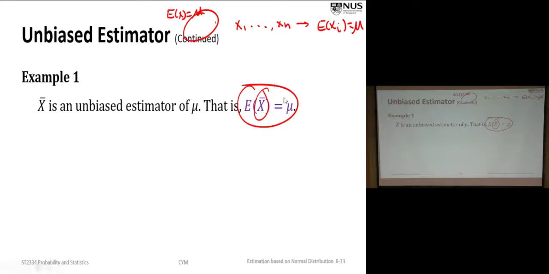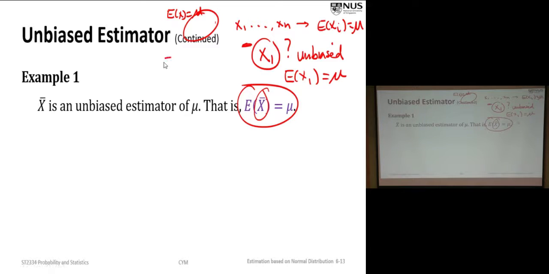So x bar is the unbiased estimator for mu. The same question: how about x1? Is it an unbiased estimator for mu? The answer is yes. Why? Because expectation of x1 is just like anyone in the population, so it's equal to mu. So it's unbiased.